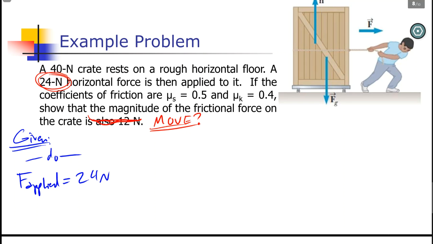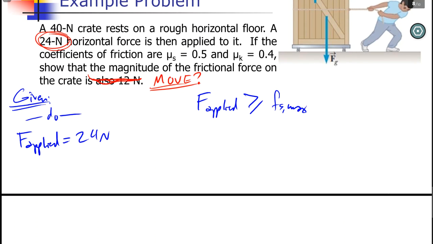So is the applied force greater than or equal to the maximum of the static friction? We already know what this is: it's 20 newtons, and the new applied force is 24, and sure enough, it is absolutely greater.